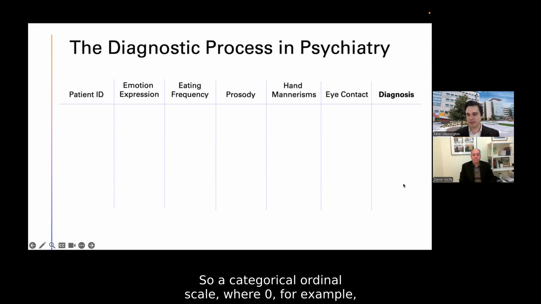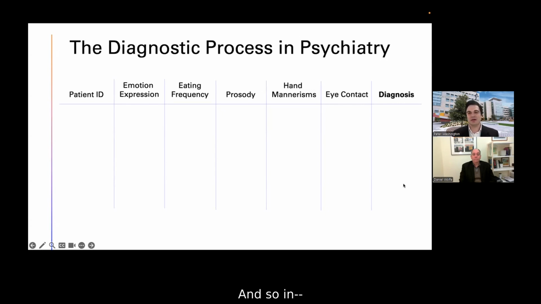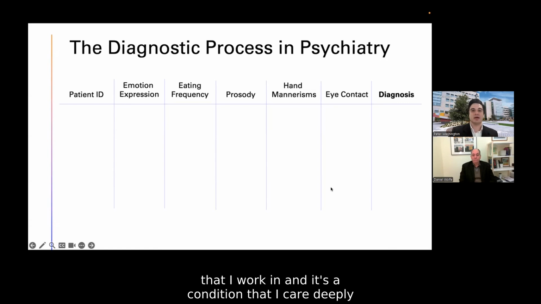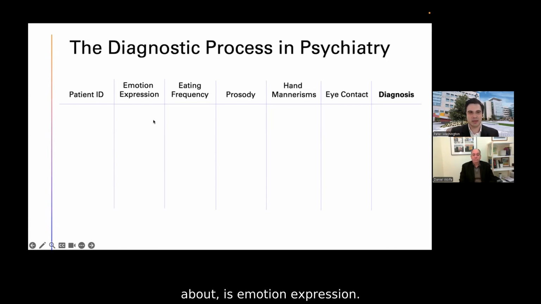so a categorical ordinal scale, where 0, for example, in terms of behavior, might correspond to never exhibiting that behavior, and 3 might correspond to always exhibiting that behavior. And so I want to give the example of autism, which is something that I work in, and a condition that I care deeply about, which is emotion expression.